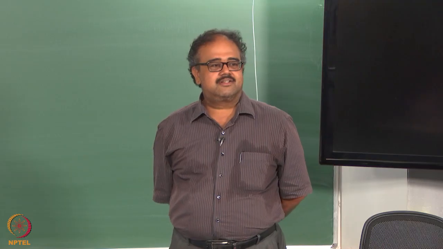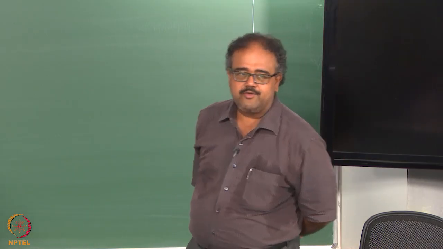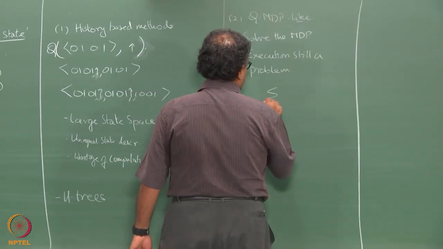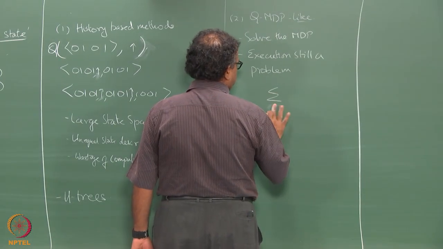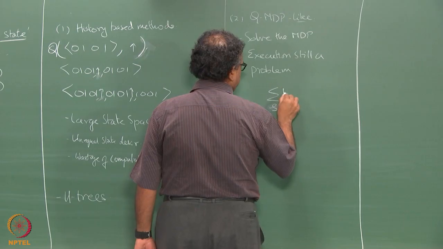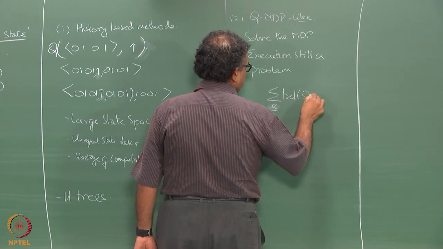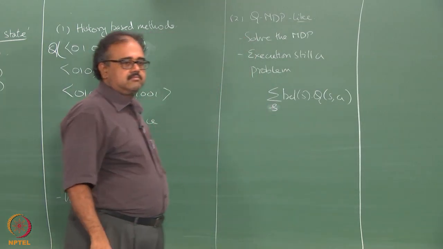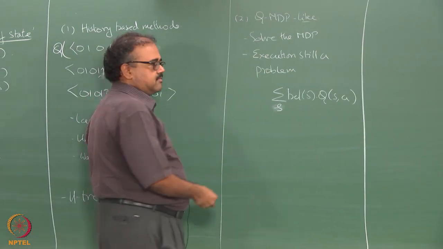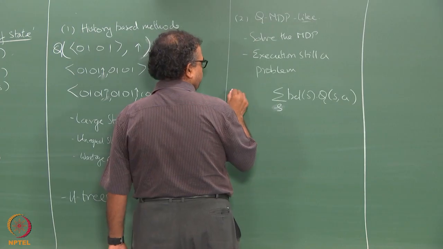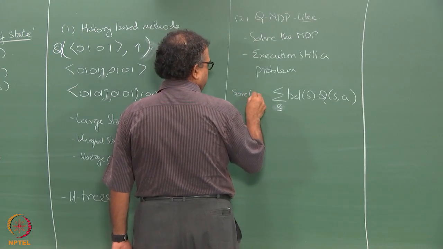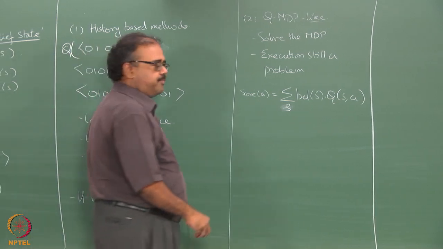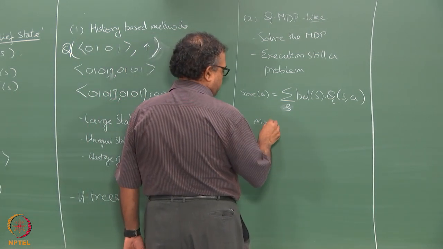It's a Q function, so use the Q function. Essentially you compute some kind of score for each action, and the action that you pick is the one with the maximum score.